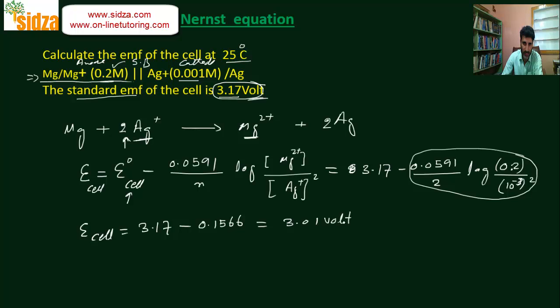So that means by changing the concentration, by decreasing the concentration of the magnesium ions and the silver ions in the two different electrodes, the EMF of the cell also decreases.